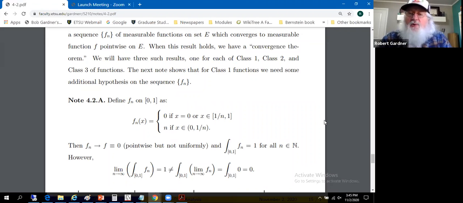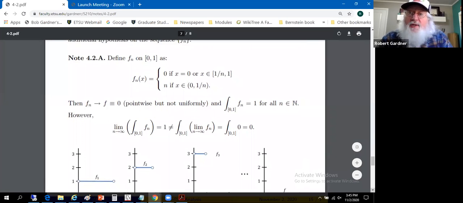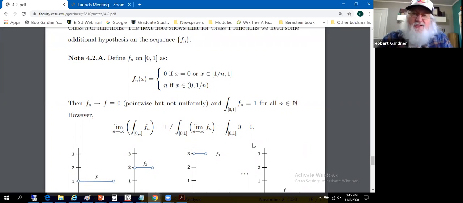These functions are so elementary that this argument is valid to show that pointwise convergence doesn't work for the Riemann stuff either. Define f sub n on the interval 0, 1 to be 0 if x is 0 or in the interval from 1 over n to 1, and define it to be n if x is in the interval from 0 to 1 over n.